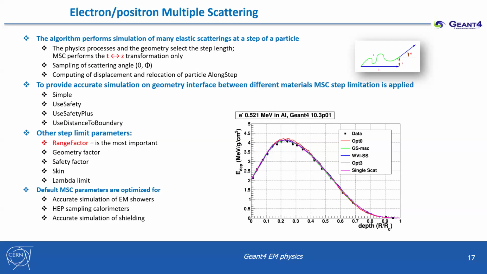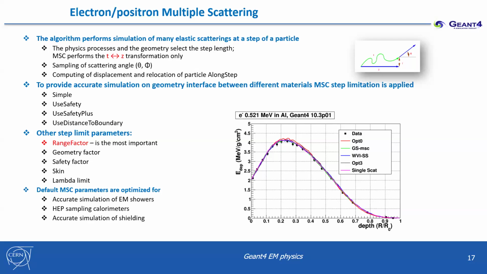R0 is the range of the electron which you compute from dE/dx. So it is the so-called true range of the electron which you may compute during this integration.